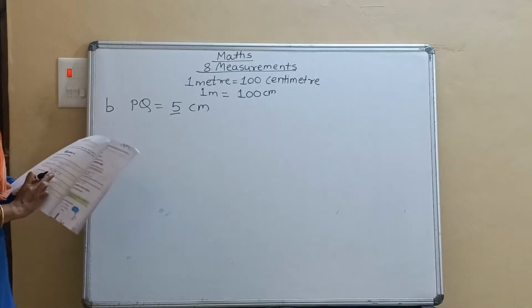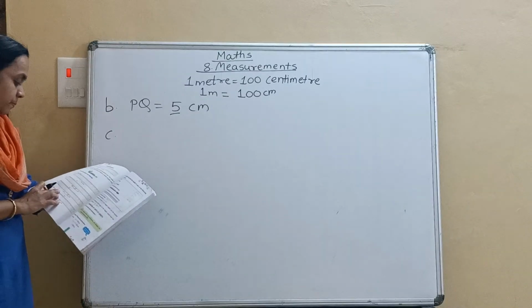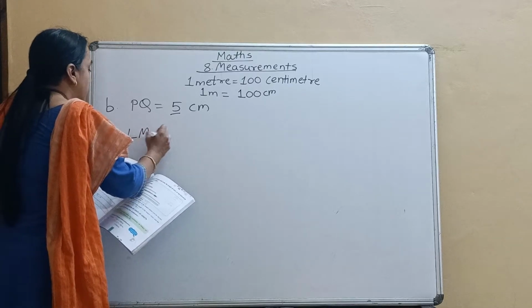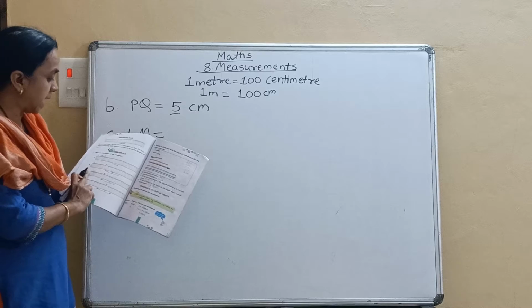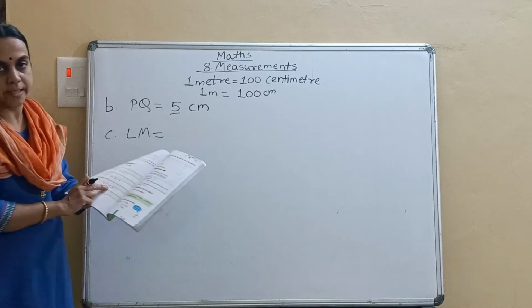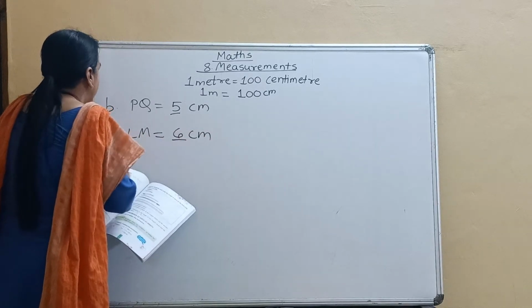Space is given there. Now see C question. LM. So how many centimeters? The distance between L and M is 6 centimeter. So you have to write here 6 centimeter.